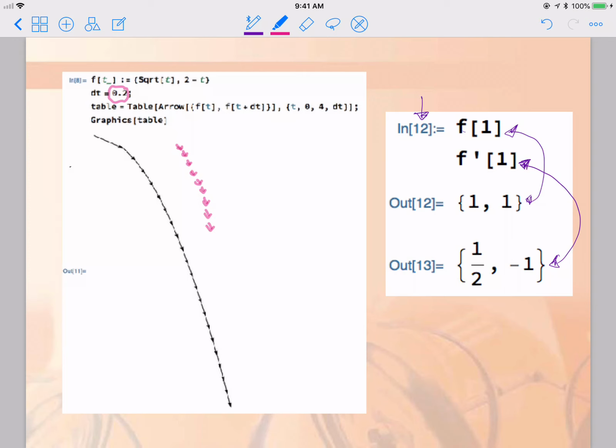Does that make sense? What happens if we start from 0 instead of 0 to 4? What if we take into account negative values, right? What happens if instead of 2 minus t, we switch that to 2 plus t? That's the benefit of using technology because it's so fast to investigate all these ideas that you have, right?